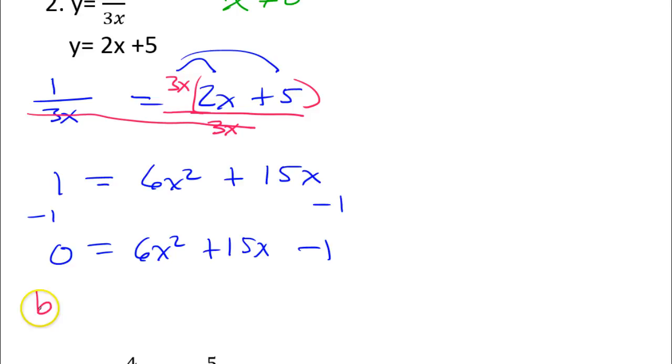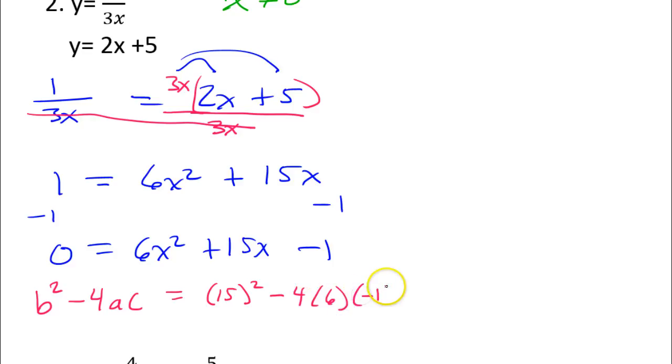Alright, the first thing we do for the quadratic formula is we figure out what's b squared minus 4ac. So in this case, that is 15 squared minus 4 times 6 times negative 1, because this is a, this is b, and this is c. So b squared minus 4ac.